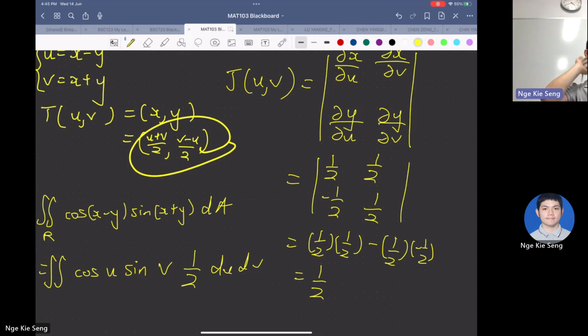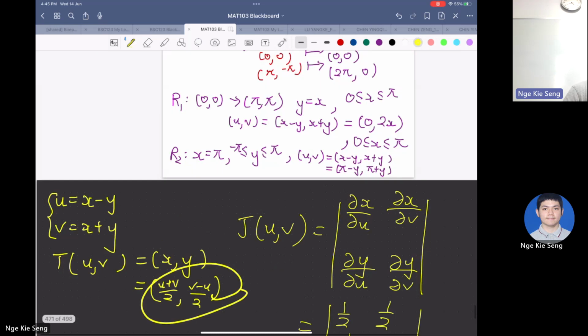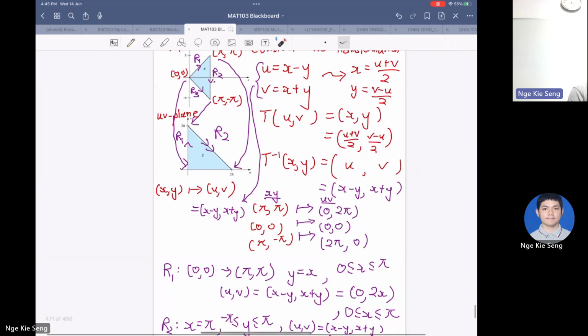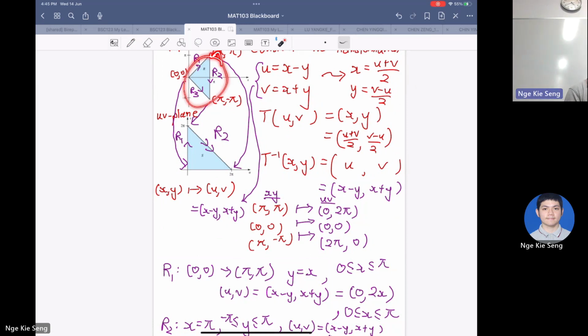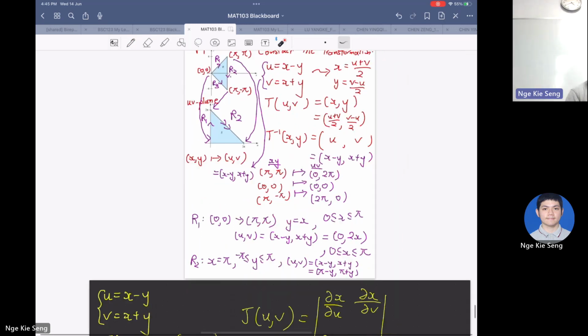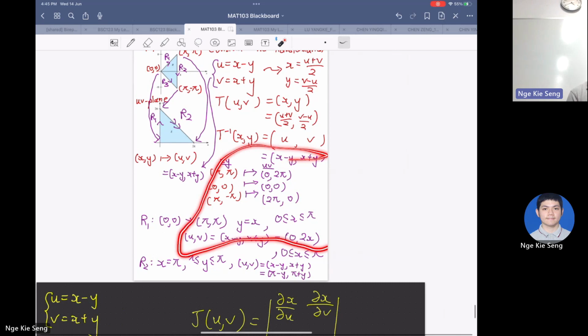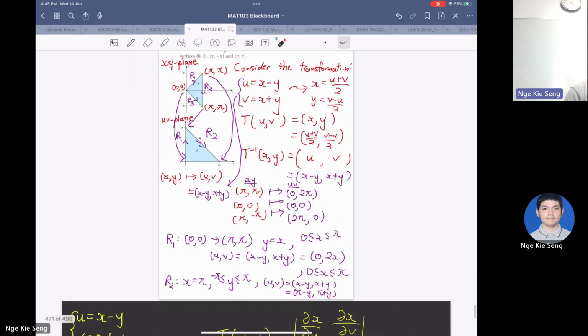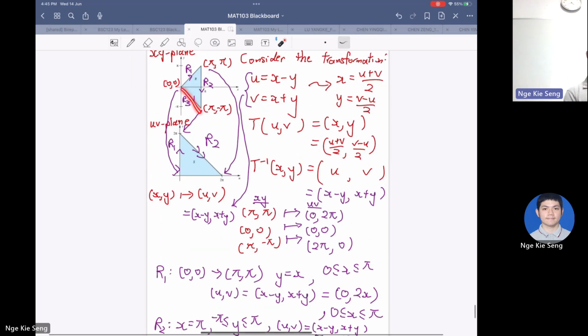So how to figure out the integration domain? We need to see how this triangle gets mapped to the UV plane. That's why we did all the stuff we did just now. But we haven't finished yet. We haven't quite seen where R3 goes.